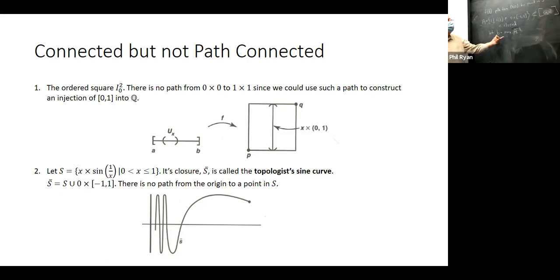Let B then be the maximal element of A. So we can think of f now as a function from [B, C] to S. It's a path from somewhere on this interval to our point in S, and it has the property that f(B) is in that interval, but f(t) is not for t greater than B.